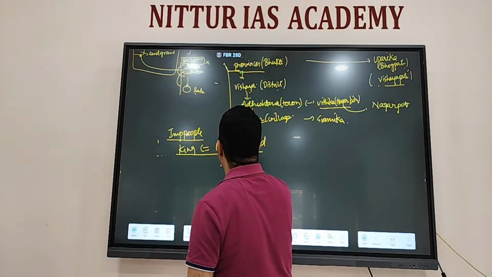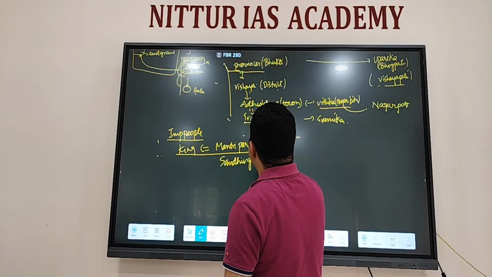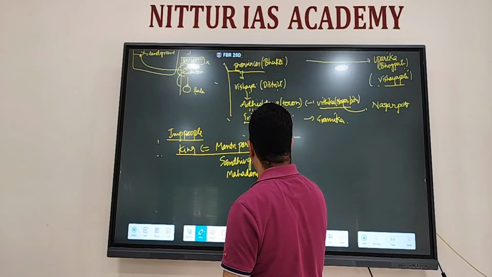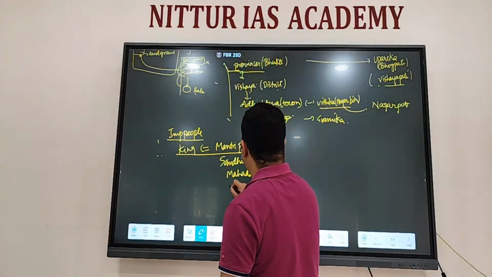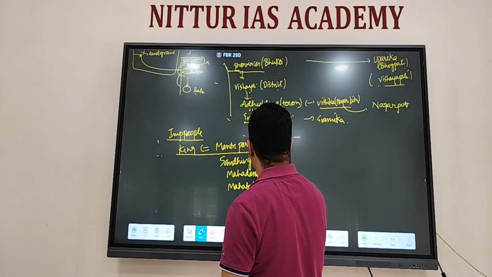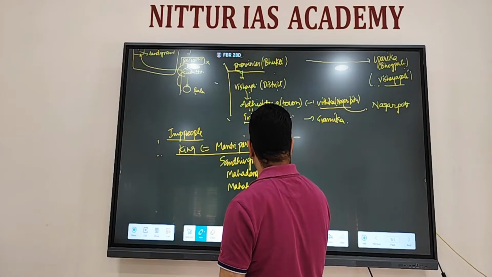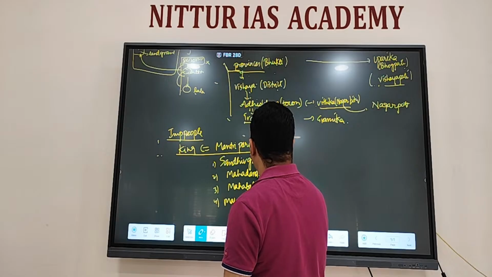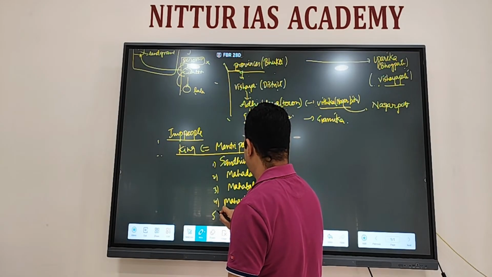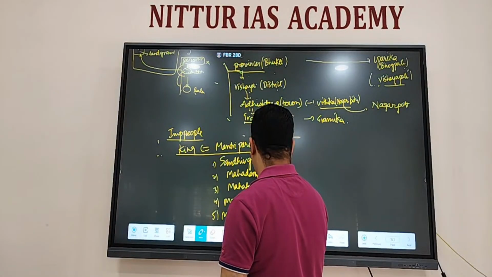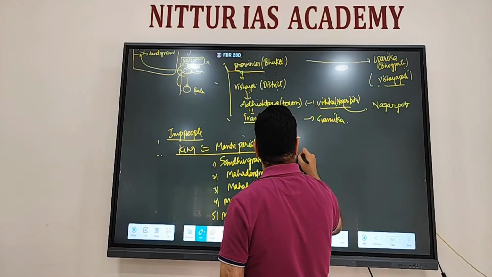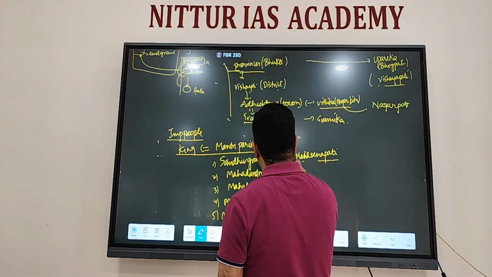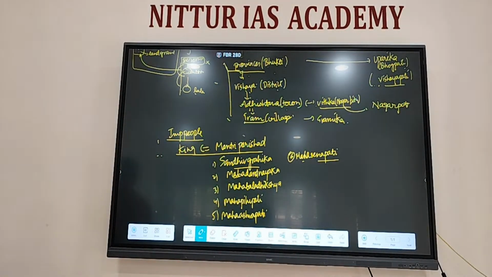These used to be called as Sandeep Grahika, Vidika, city, Mahadandanaika, Gramika, Bhogpati.